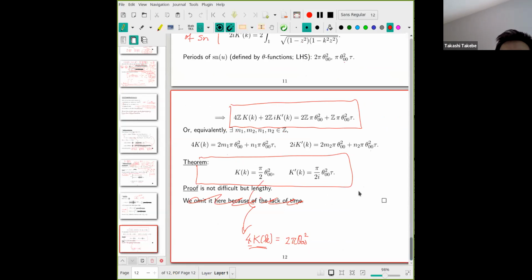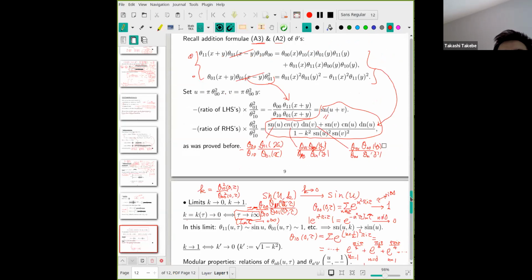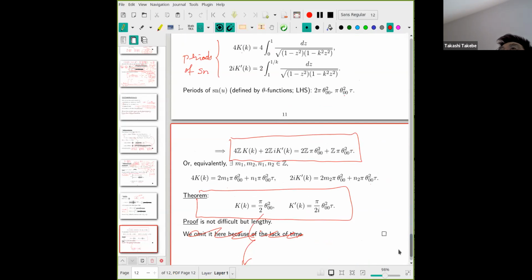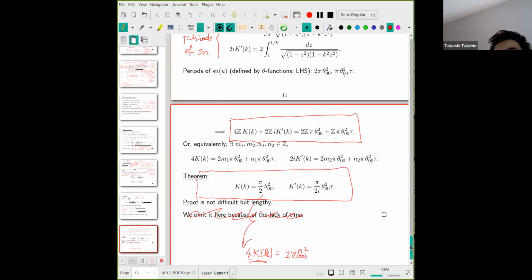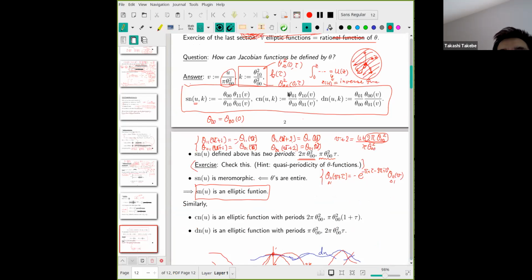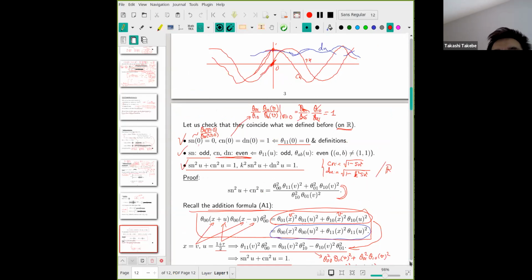So all properties we discussed in February or March can be derived from this definition of Jacobi's functions. So that's it. Any questions?